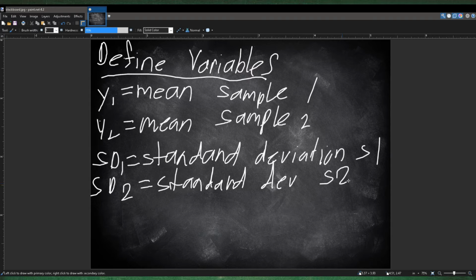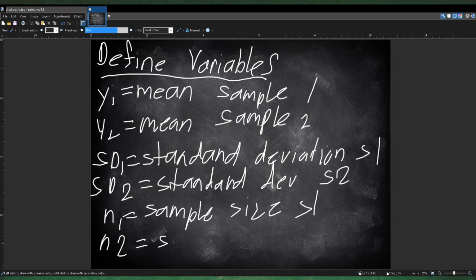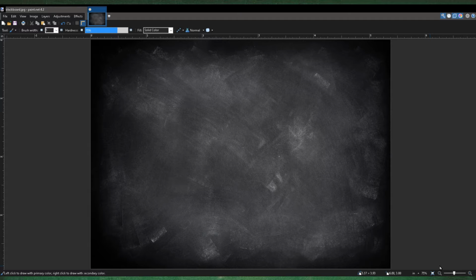Then you have n1, which is the sample size of sample 1, and n2, the sample size of sample 2. You probably don't have to define all of these all the time, but it's good for you to know so you can keep track of what you're using.